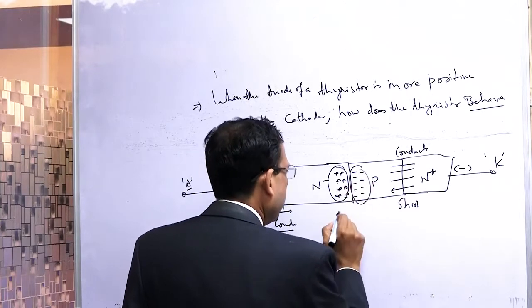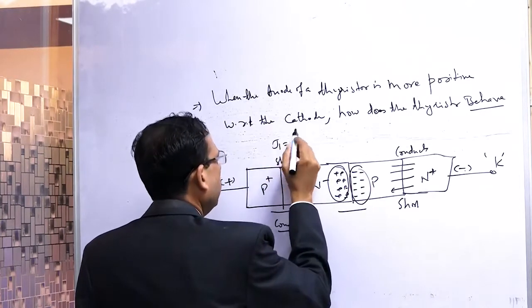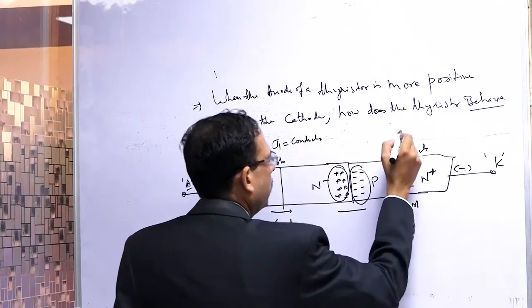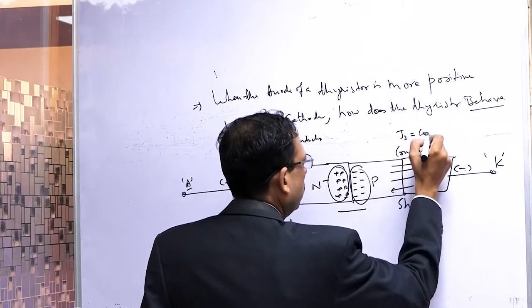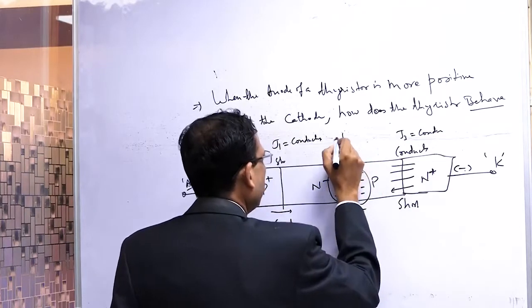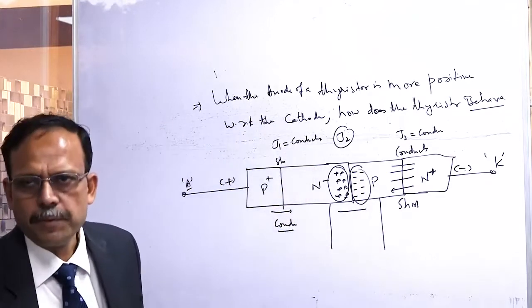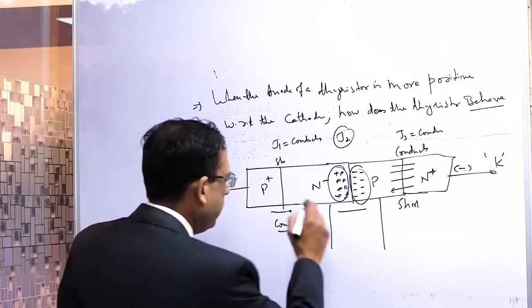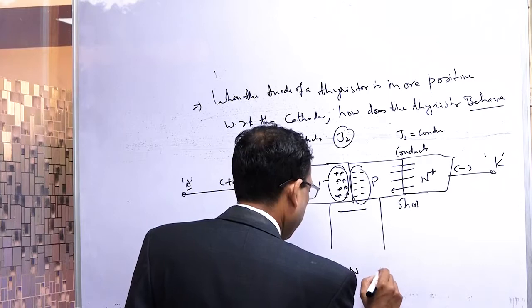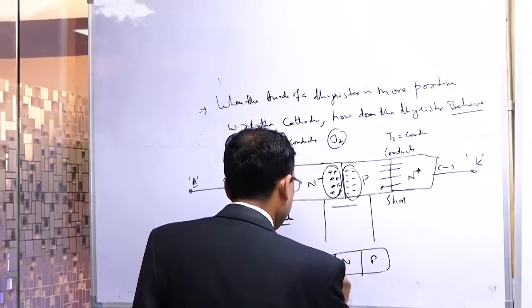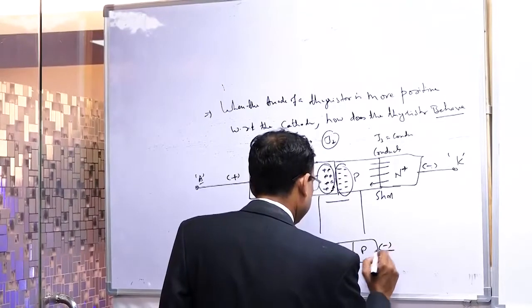Now what does this become? J1 is conducting, J3 is conducting. What about J2? What happens to J2? This is N and this is P, and we have positive here and negative here.